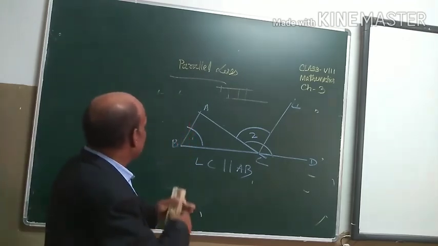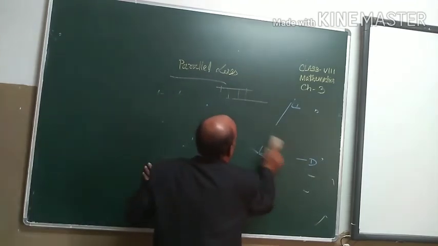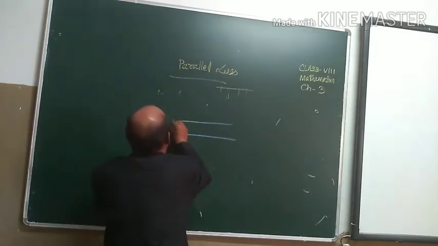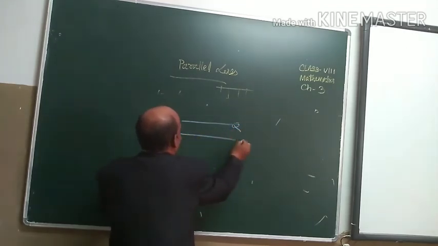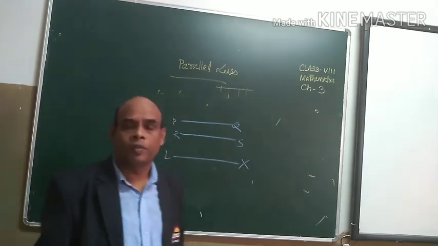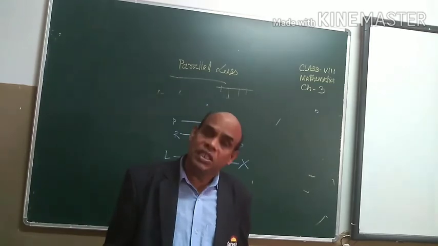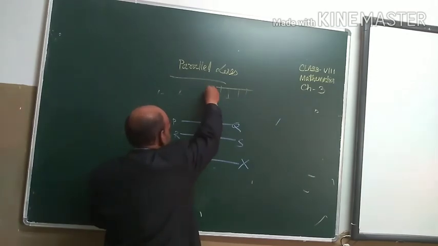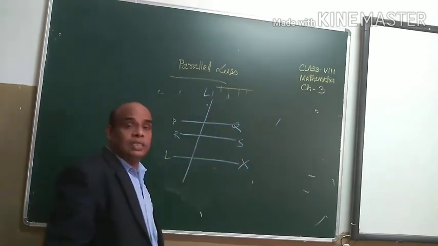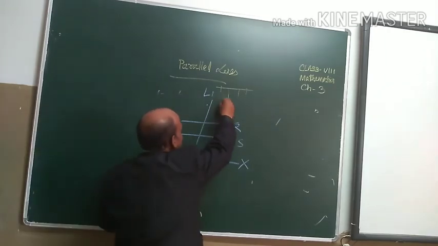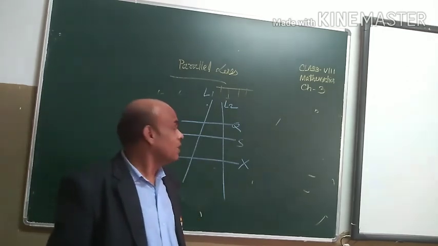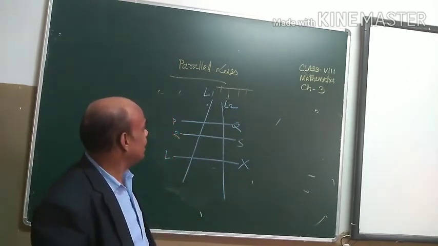So dear students, now I will give a question for you as a homework sheet. Suppose PQ, RS and LH are all parallel to each other, and one transversal is L1 and another transversal is L2.